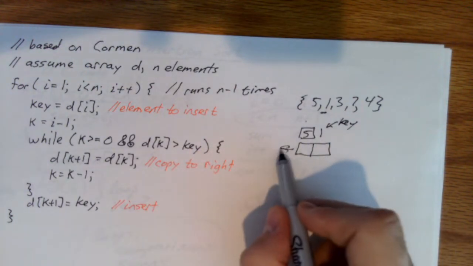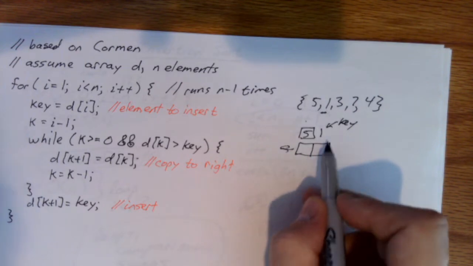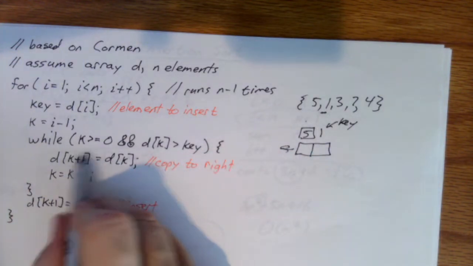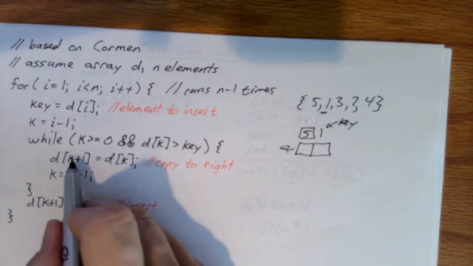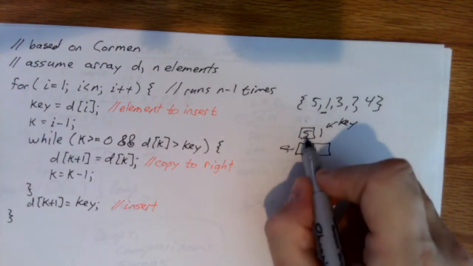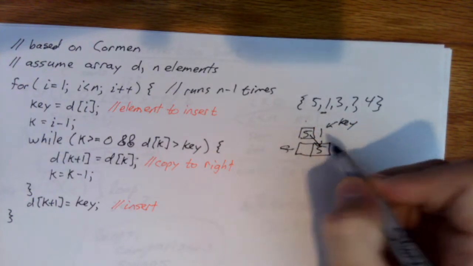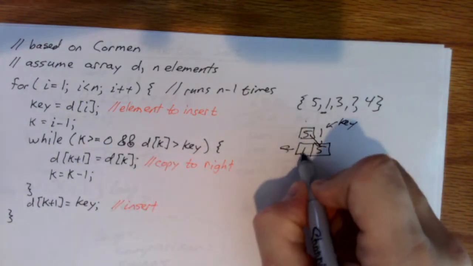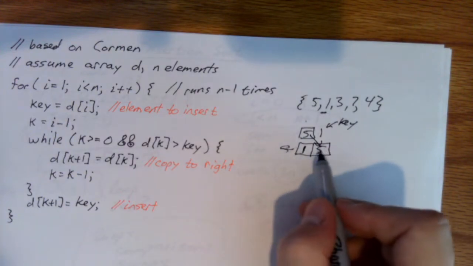That is, the element to the left is greater than the value we're looking at. Then we're going to copy a value and then move over to the left again. So in this case, we say, okay, 5 is greater than 1, so it copies the 5 to here. And then because we've gotten to the end of the array, we insert 1. So this subarray, 1, 5, is sorted.